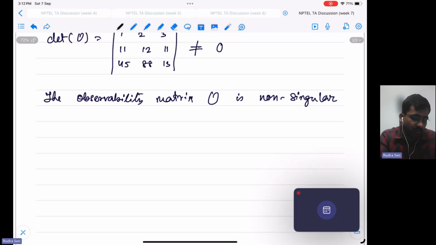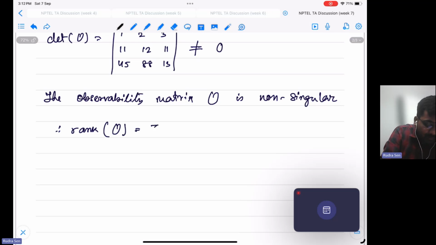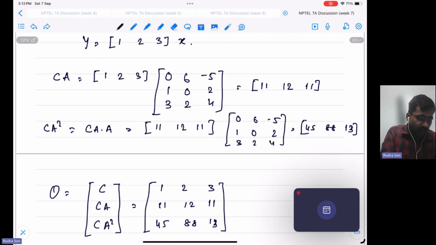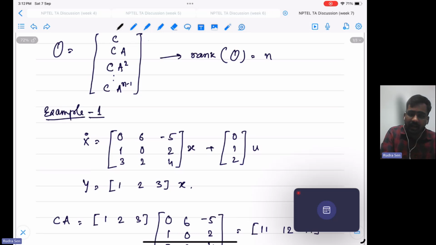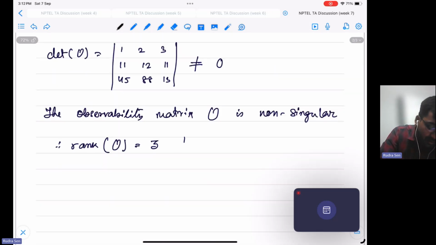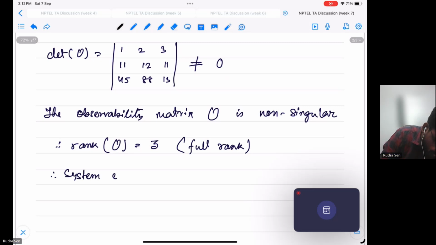If the determinant is zero, then I would say that this matrix becomes singular. So this is non-singular. Therefore, the rank of O is equal to 3. So rank is 3, that means rank is n. So it's the full rank.